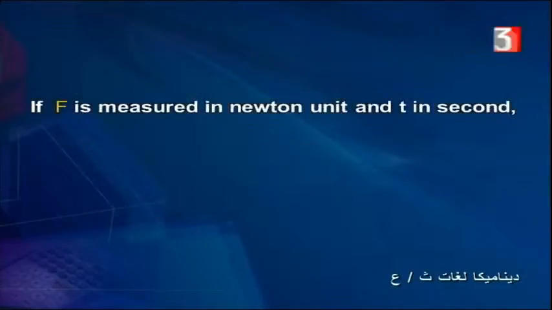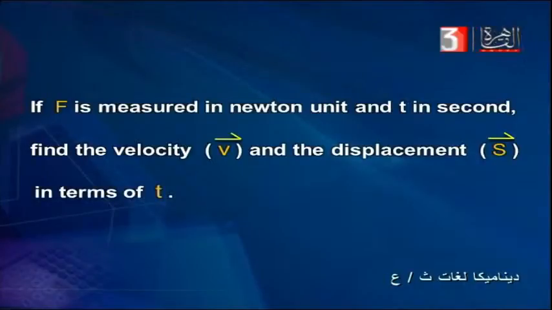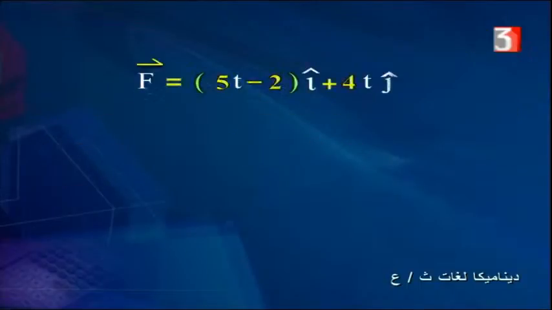If the force F is measured in Newton unit and the time t in second unit, find the velocity v vector and the displacement s vector in terms of the time t. Now we have the force F in terms of the time t: 5t minus 2 in direction i vector plus 4t in direction j vector.